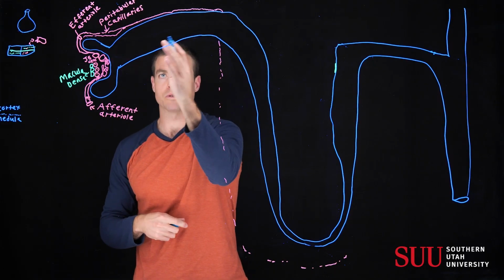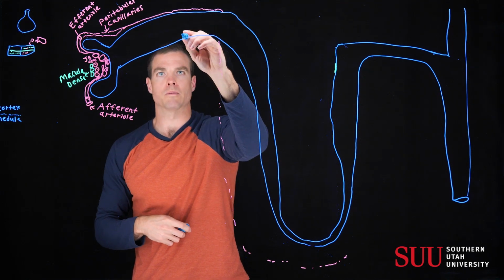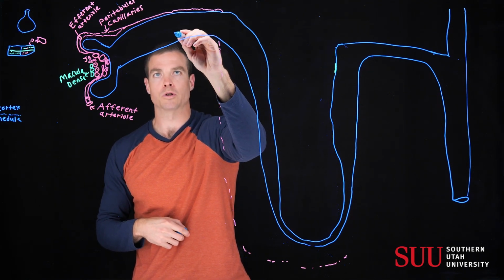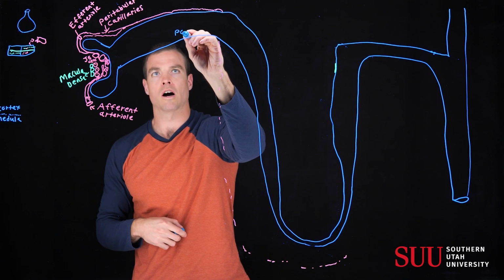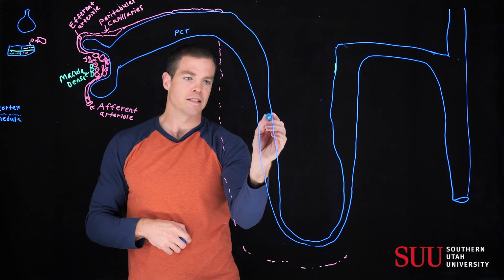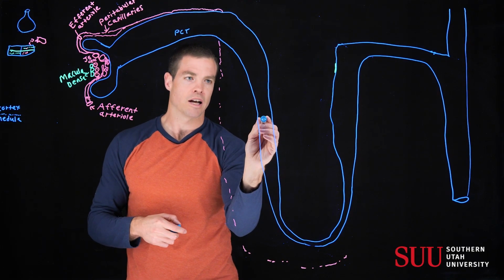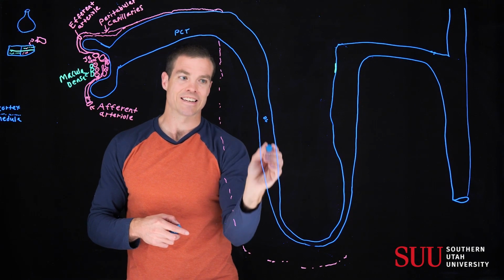It's close to over here, and so we would call this the proximal convoluted tubule, which we can just put as proximal convoluted tubule. And then as we come down through here, this is called the descending limb of the loop of Henle, basically. So I'll just put DL for the descending limb.